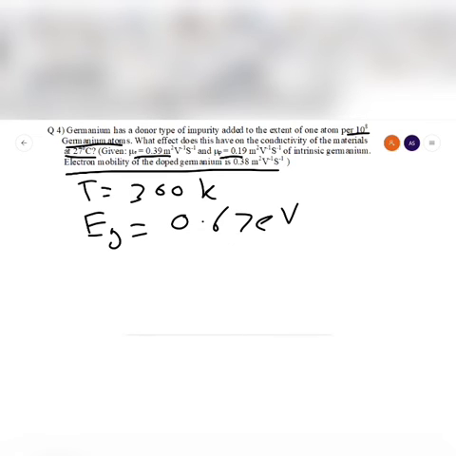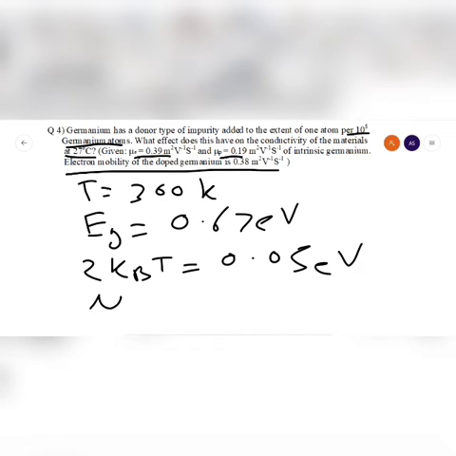After doping, the mobility of the electron slightly decreases, not much difference. Now what is given in this question? T is equal to 300 Kelvin, and the energy band gap of germanium is 0.67 electron volt. The value of 2kBT at room temperature is 0.05 electron volt.